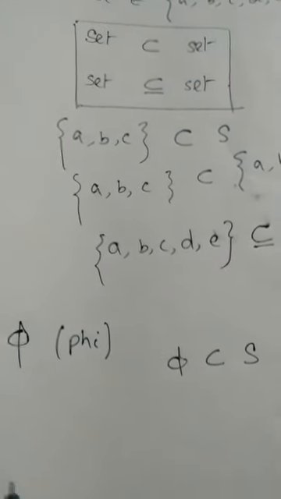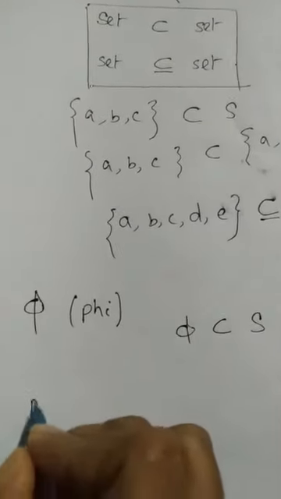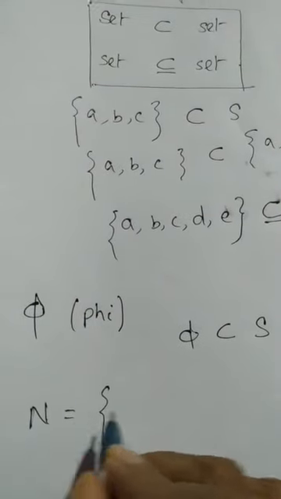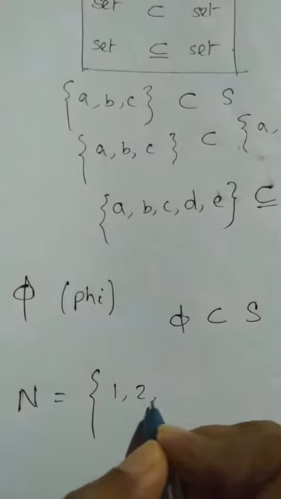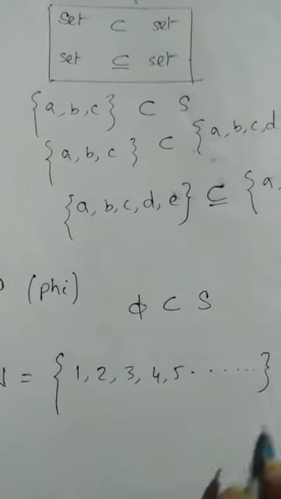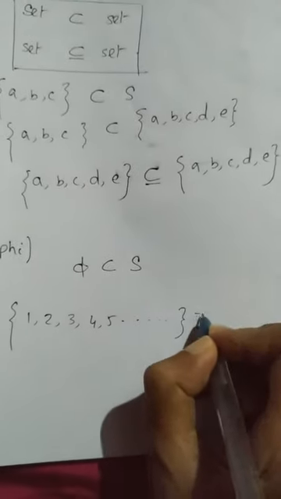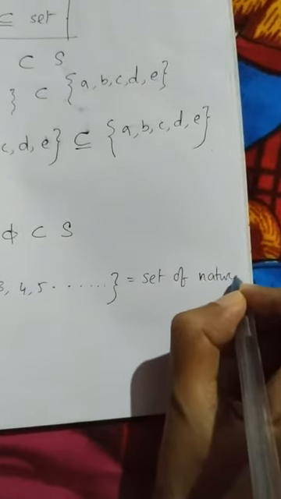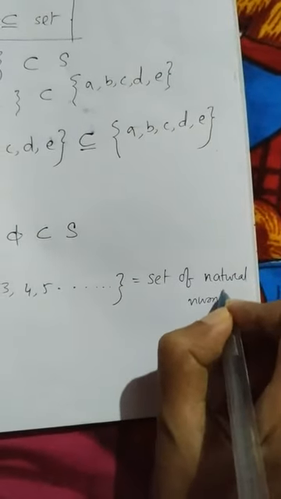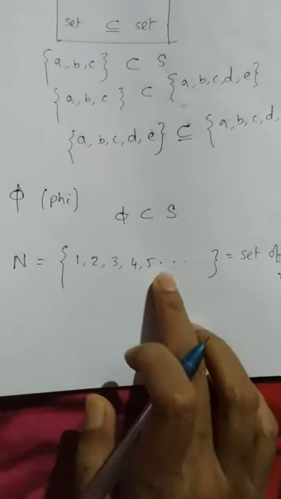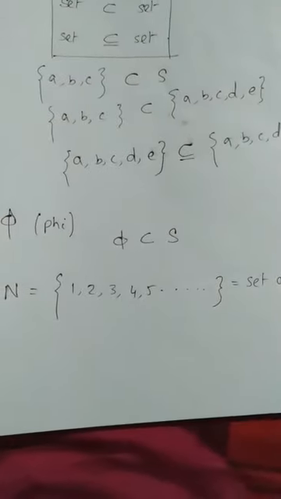Now, the set of natural numbers, N for natural numbers. This is 1, 2, 3, 4, 5 up to infinity. This is called the set of natural numbers. N = {1, 2, 3, 4, 5, ...} up to infinity.